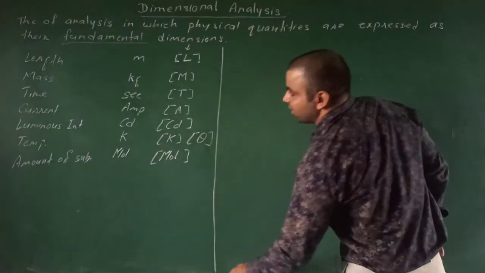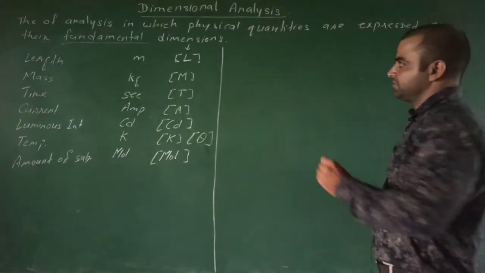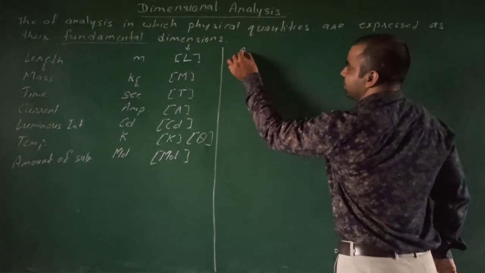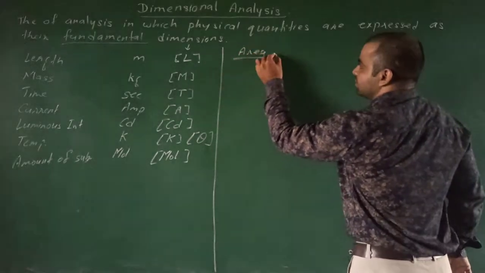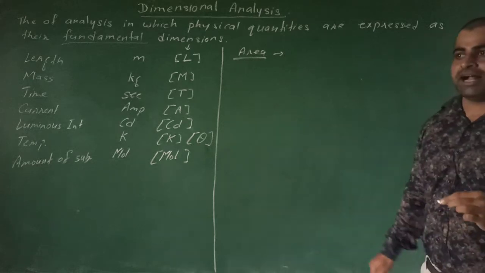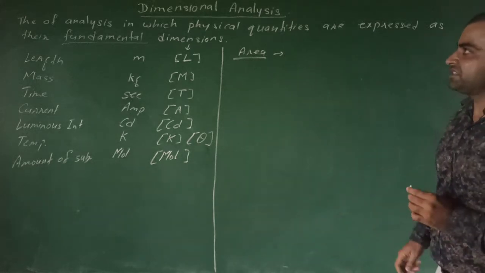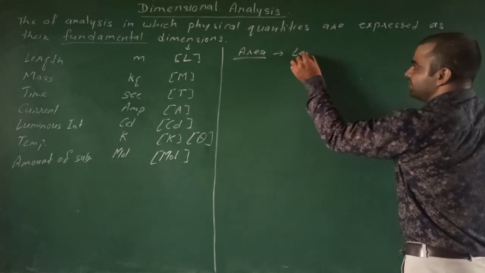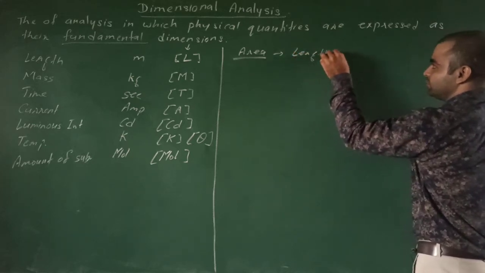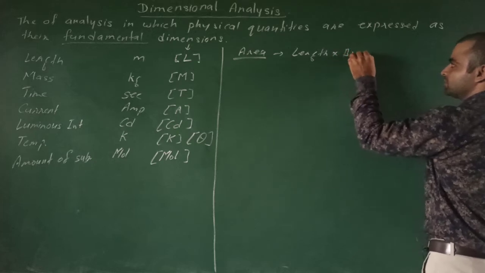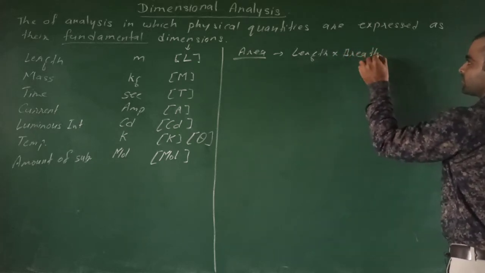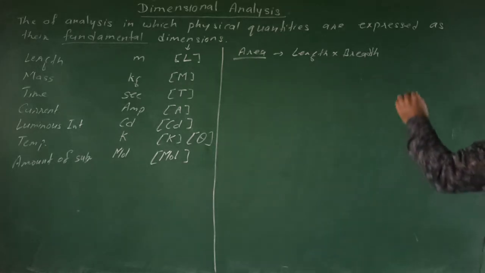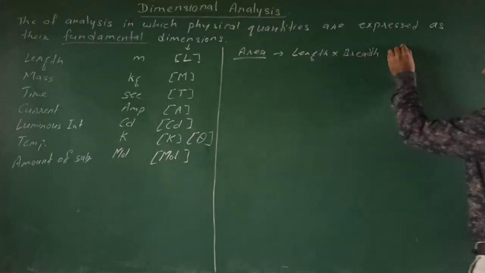Let us find some dimensions. For length we have found out area. First check the formula and then apply the dimensional analysis. Area is length into breadth. Length into breadth means here are two lengths.